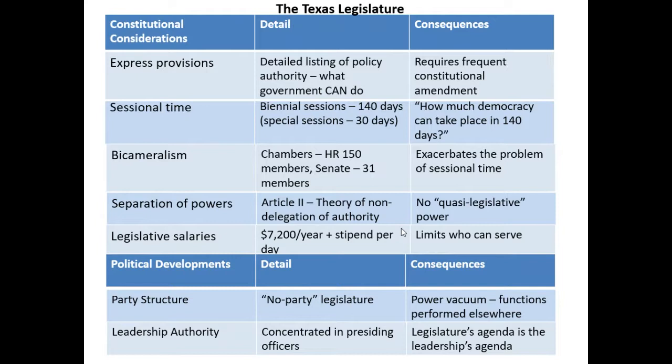And they were trying to create a constitution that would prevent that sort of concentration of authority in the hands of a future governor. And so they really diluted the authority of the governor in a lot of ways. But the bottom line for us now is simply that historically, the Texas governor has been pretty weak.